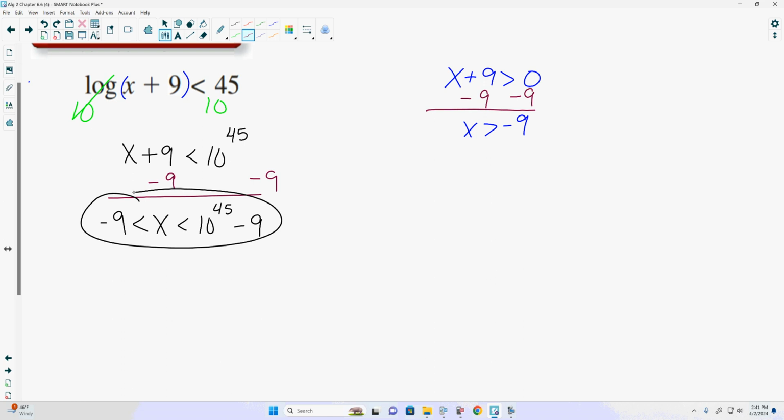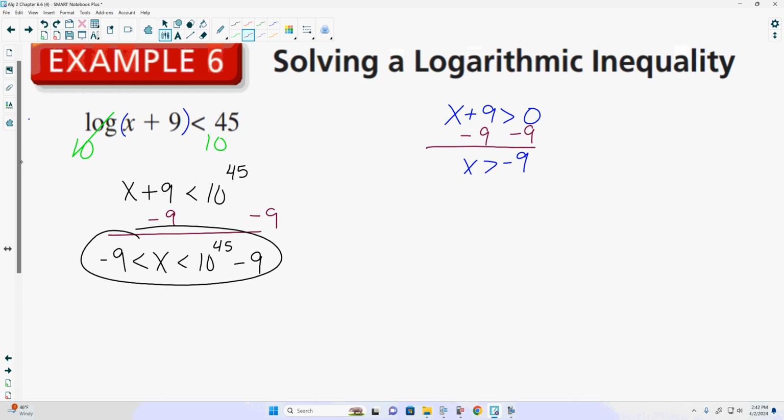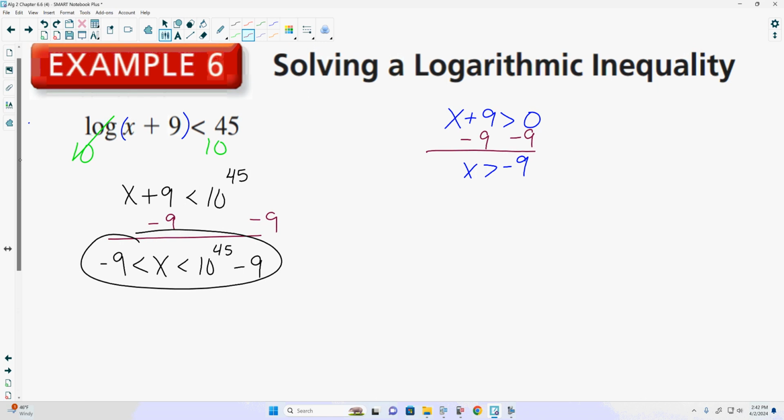So negative 9 is less than x is less than 10 to the 45th minus 9. If it had been the other way, that x was greater than 10 to the 45th minus 9, then we don't need it. It's not included. Questions on this here? Questions on anything we've done so far?